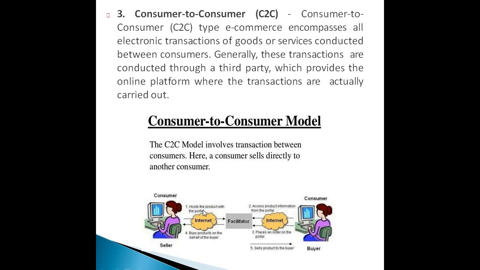A seller hosts a product on the portal, and the facilitator accesses their product information, passes the order, and the buyer buys the product on behalf of the buyers, and again sells the product to their buyer. So you can understand how consumer to consumer can interact with their goods and services between two different consumers.